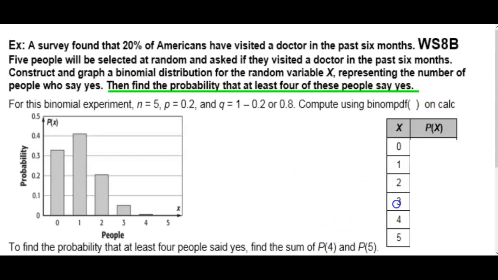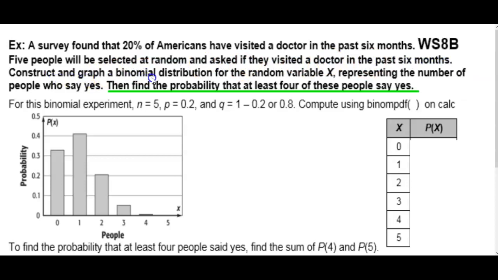All right, moving on. Another thing you will have to do on your homework for, I believe, one question is come up with the probability distribution. So this question says, a survey found 20% of Americans had visited a doctor in the last 6 months. 5 people will be selected at random and asked, did you go to the doctor in the last 6 months?